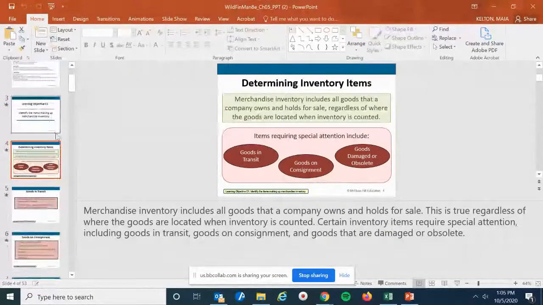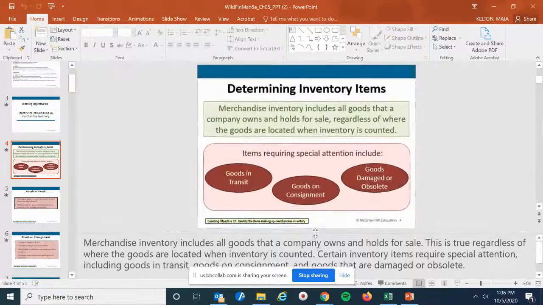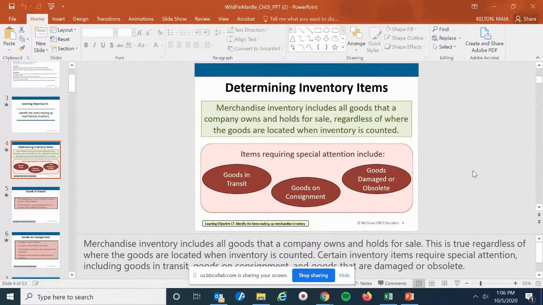So let's look at a few things that make up the cost of inventory. Merchandise inventory, going back to chapter 4, we talked about the inventory is a current asset account. We expect to sell the inventory items fairly quickly.